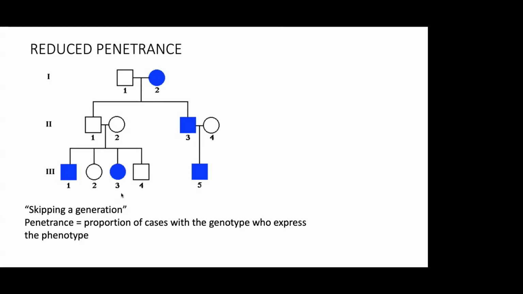So penetrance, in terms of definition, is the proportion of cases who have the genotype but who do not express the phenotype. As we must have realized, penetrance depends upon the age of examination. If we were to examine an individual at 15 or 16 years of age, by that time she might not have developed any symptoms or signs of breast cancer, as opposed to examining her at 50, 60 years of age.